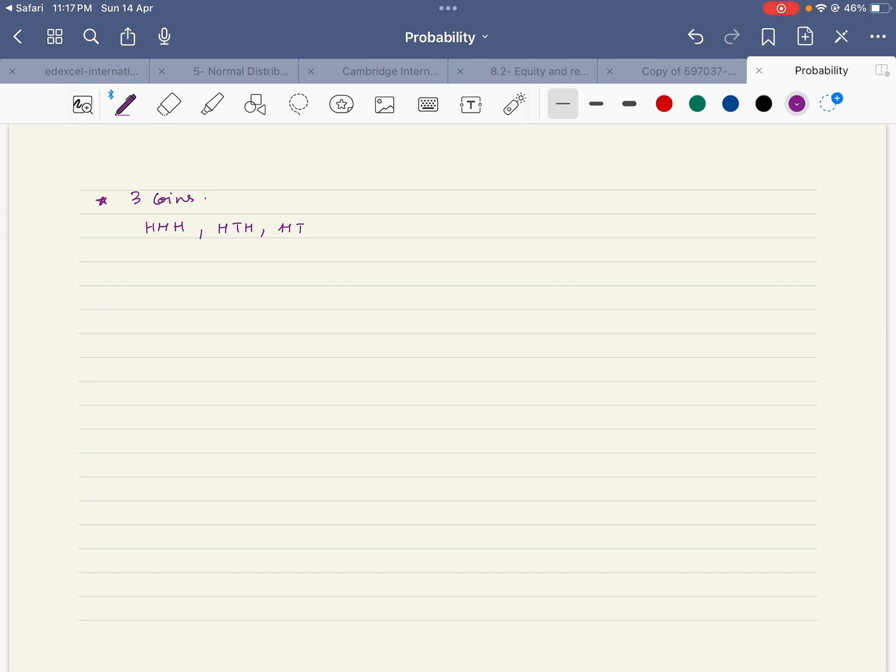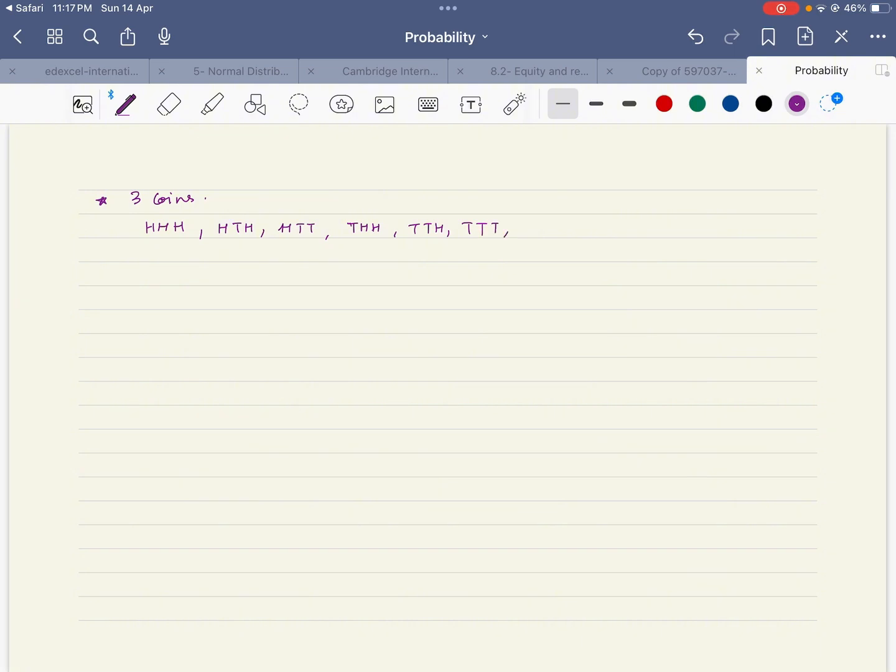Heads, tails, tails. Right? Then we have tails, head, head. Tails, tails, head. Tails, tails, tails.